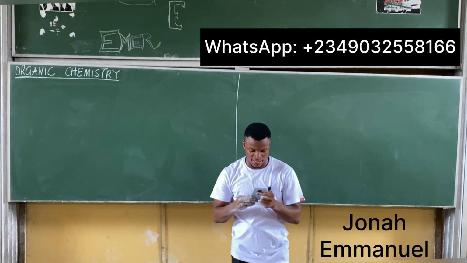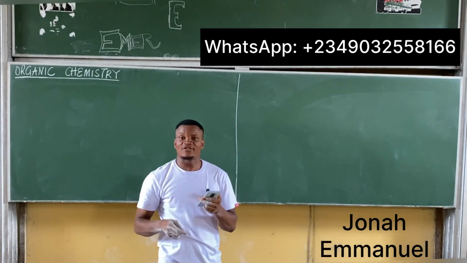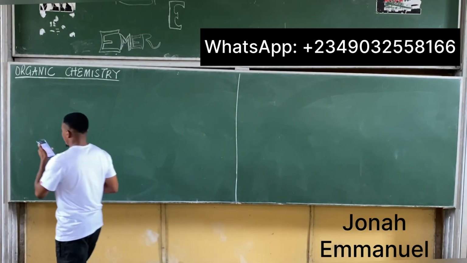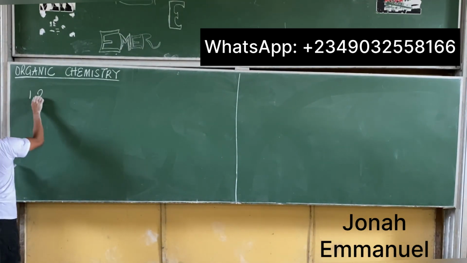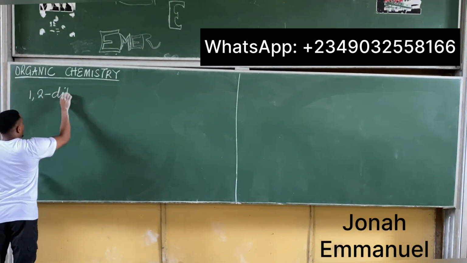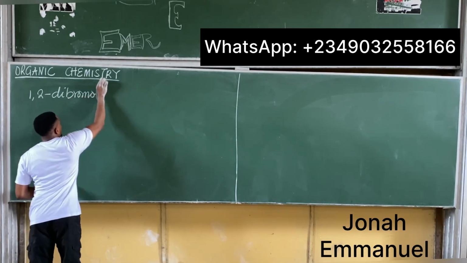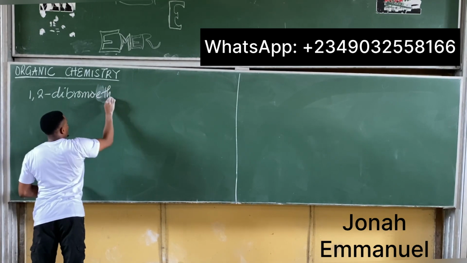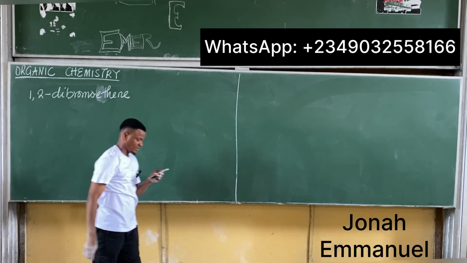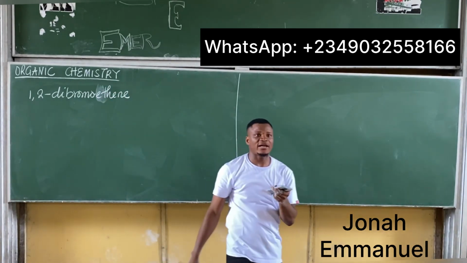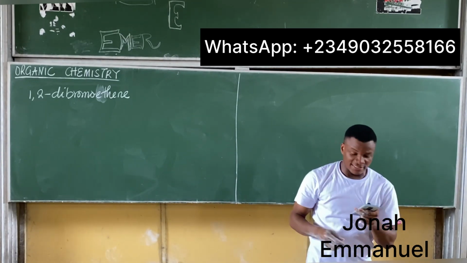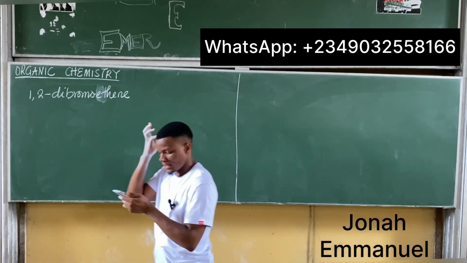All right, let's try this one, please. What kind of isomer does 1,2-dibromo-18 exhibit? The answer is geometrical isomers.